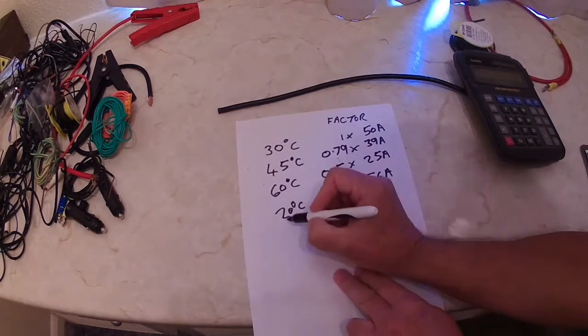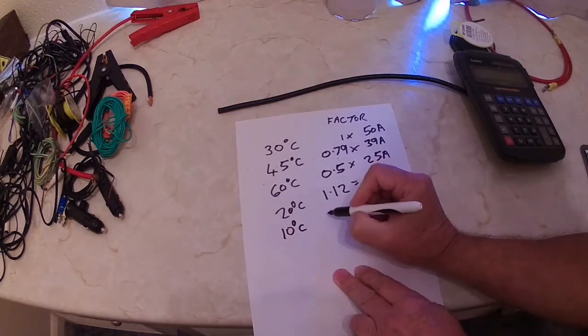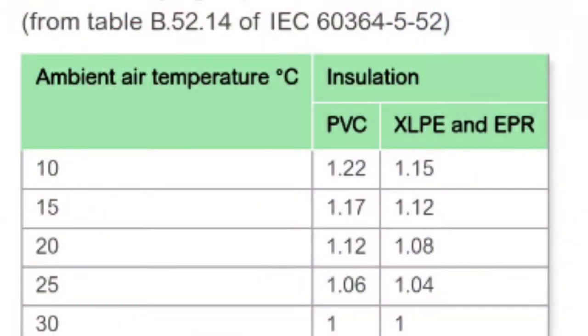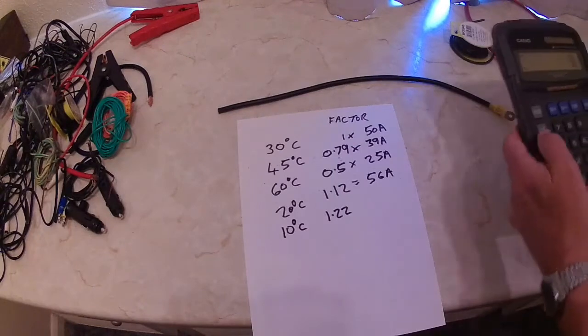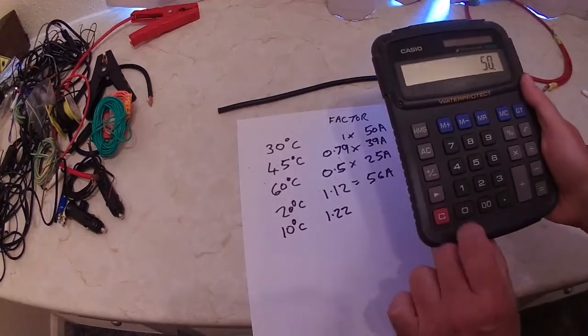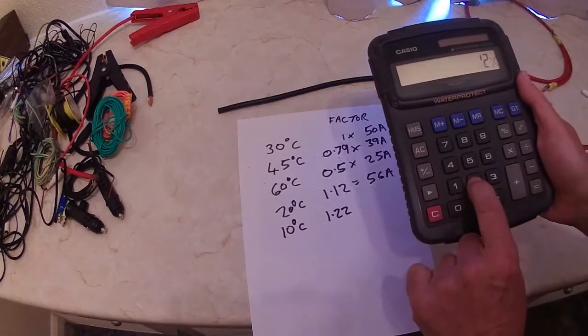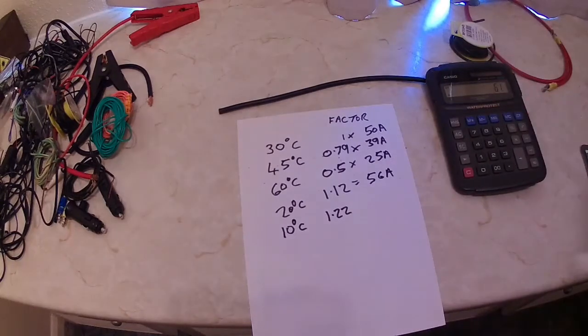And at 10 degrees C, the correction value is 1.22. So, start again, 50 times 1.22, 61 amps.